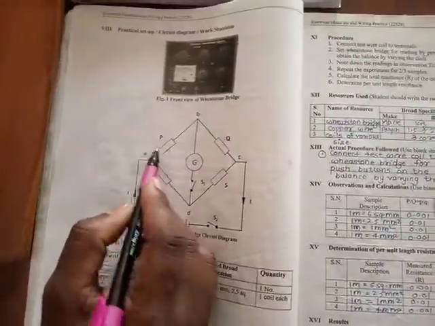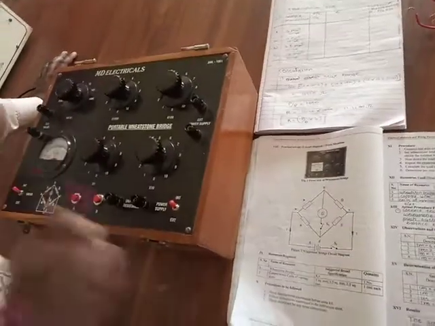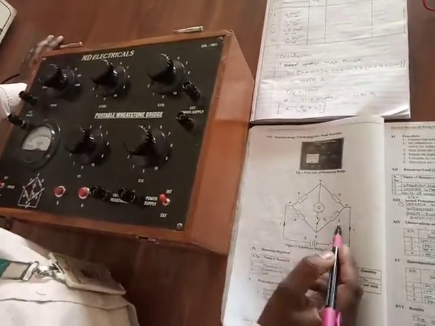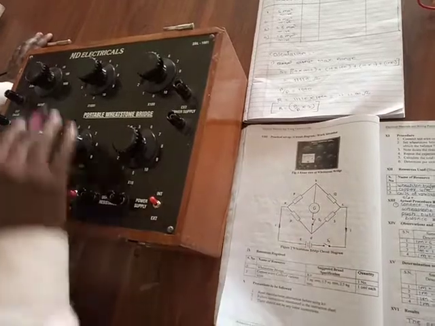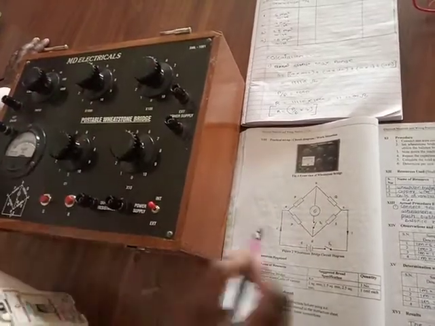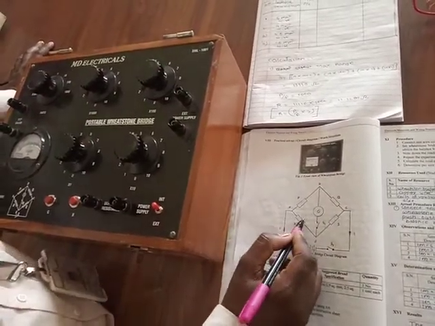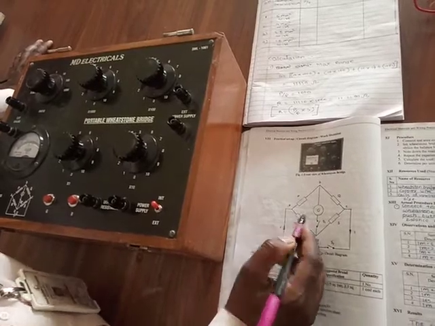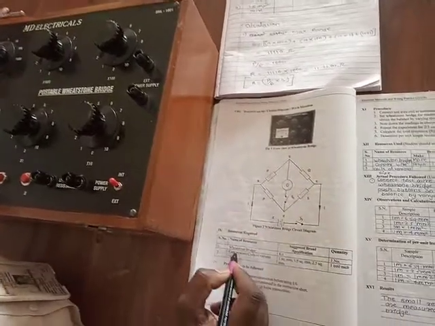Next, this is our Wheatstone bridge circuit, in which the P by Q ratio is adjusted by this multiplier range, and the value of S is adjusted by these 4 knobs. Here we connect the unknown resistance. Now we require the Wheatstone bridge kit and a number of copper wires.